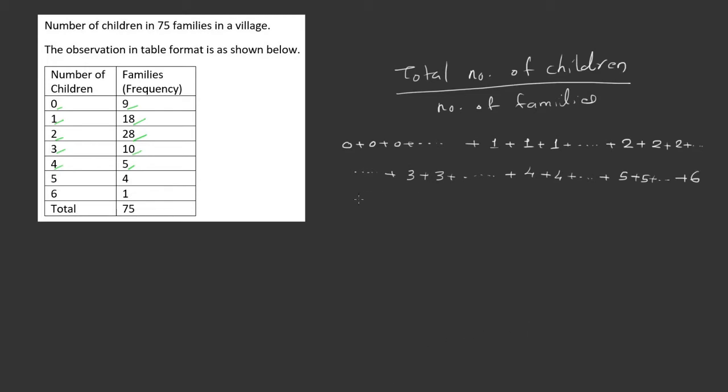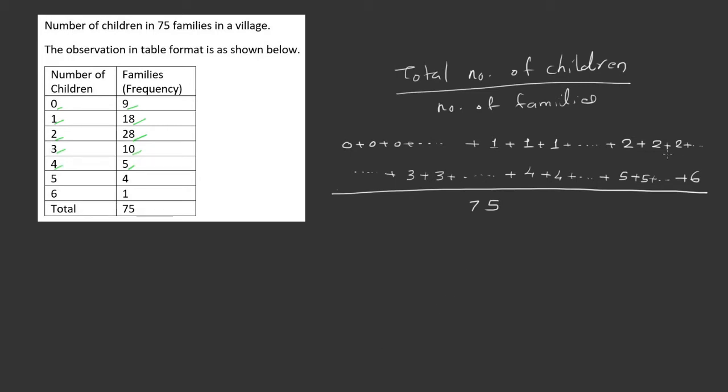This gives the total number of children. That is divided by the number of families. The number of families here is 75. This gives the average number of children in a family. That is the mean here.